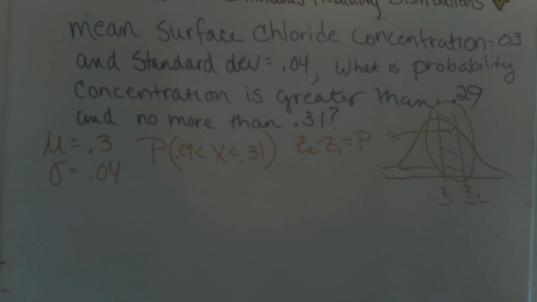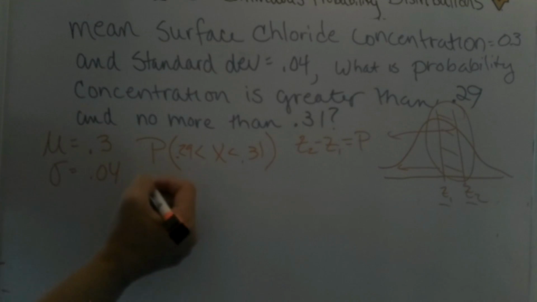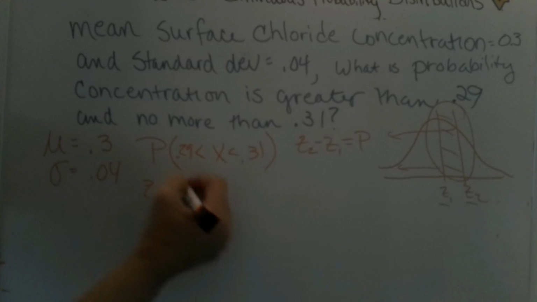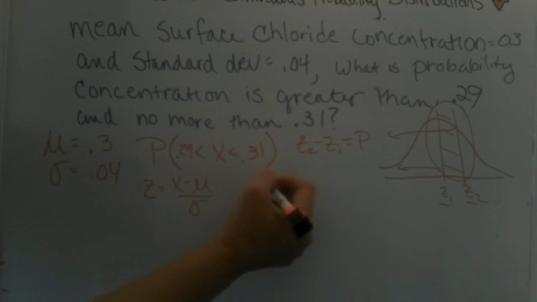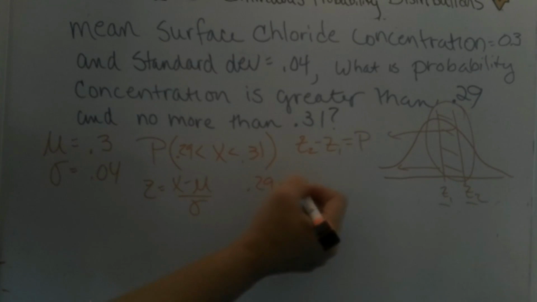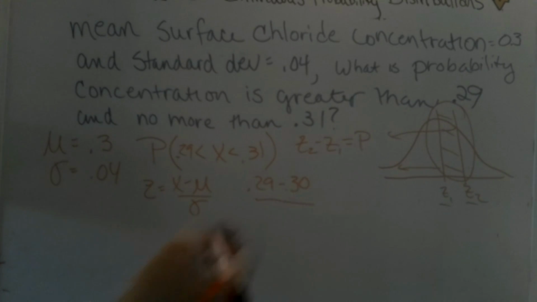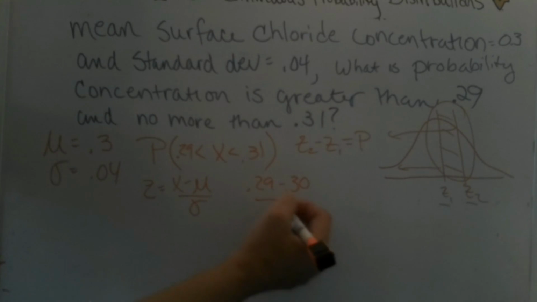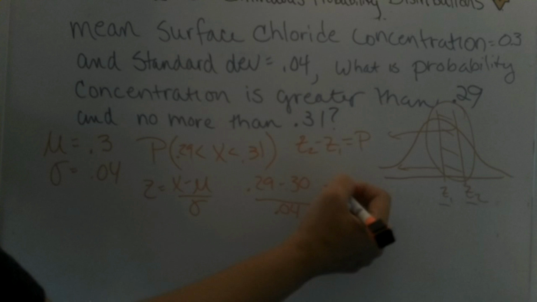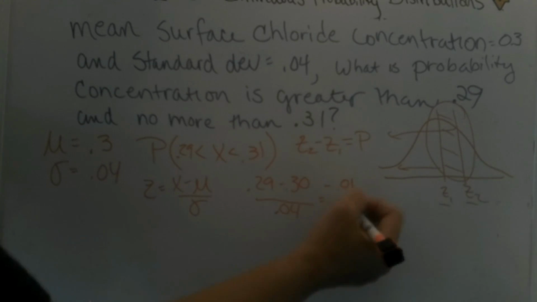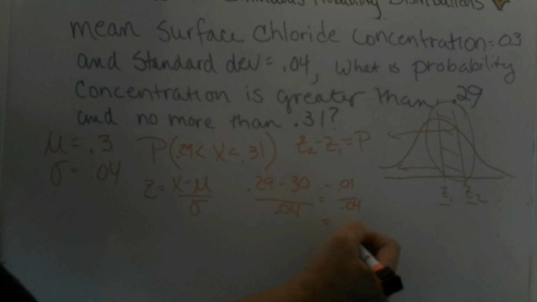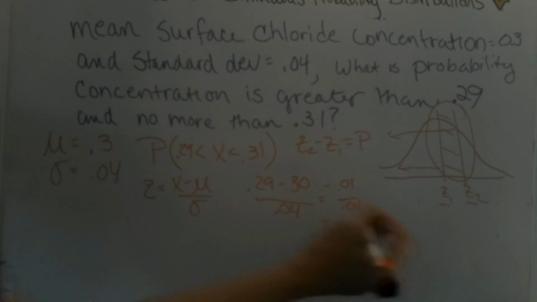So let's do that. We'll find our z value is equal to x minus mu over sigma. So we'll do 0.29 minus 0.3 over sigma, which is 0.04. This is a negative 0.01 over 0.04, so this is a negative 0.25.